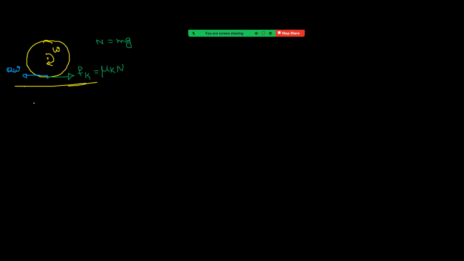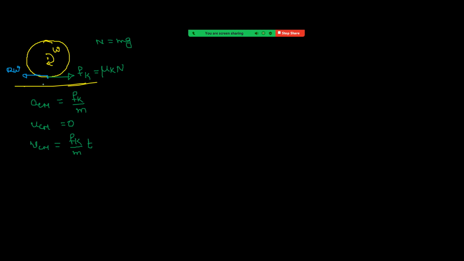That means ACM is a constant, equal to Fk by m. Initially the velocity of the center of mass, I am taking as U, is 0. Acceleration is constant. Then VCM is equal to U plus AT, with U value 0 and A value Fk by m, into T. If we know at what time rolling starts without slipping, then we can find its velocity.